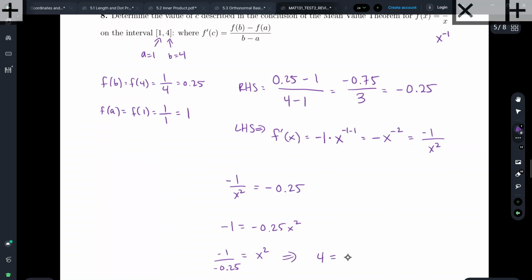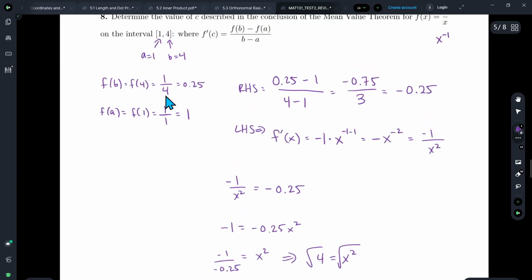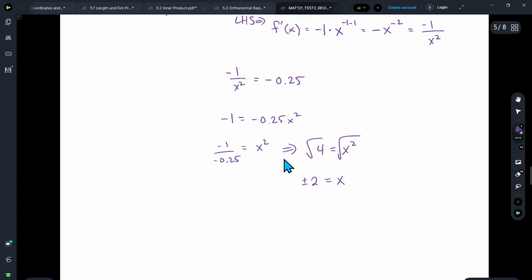So positive 4 is equal to x squared, so I just square root both sides. Right, so we get plus or minus 2 is equal to x. However, going back, the interval says between 1 and 4, right? So we want the x value to be within that interval, so only positive 2 is within that interval.